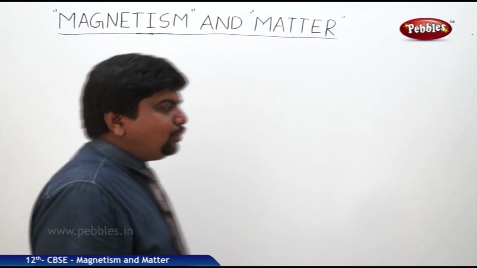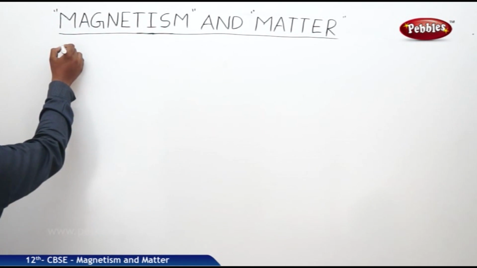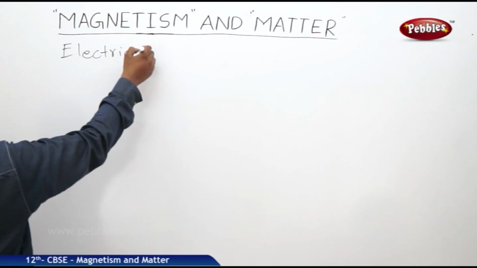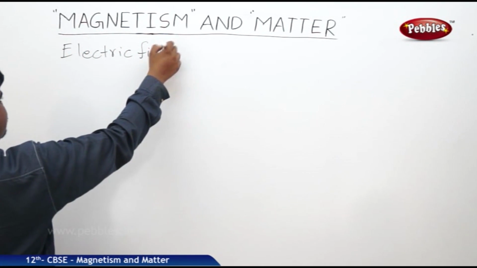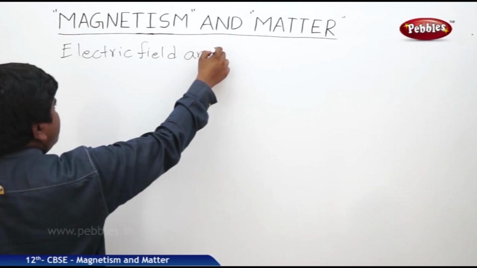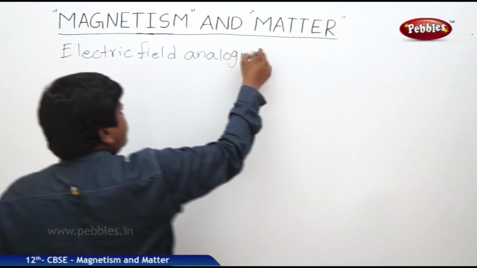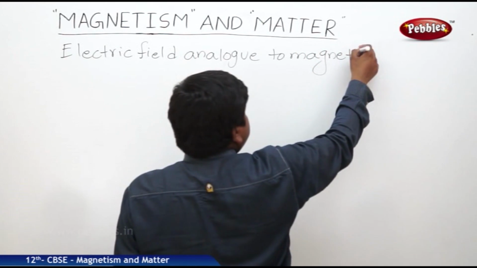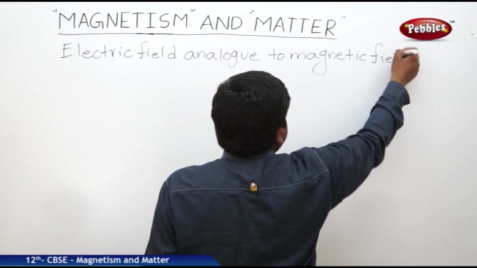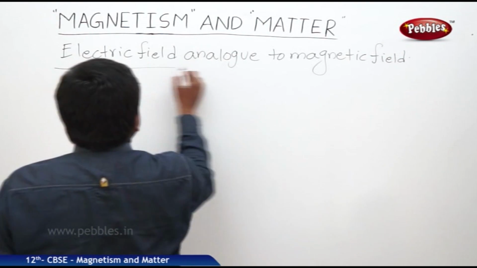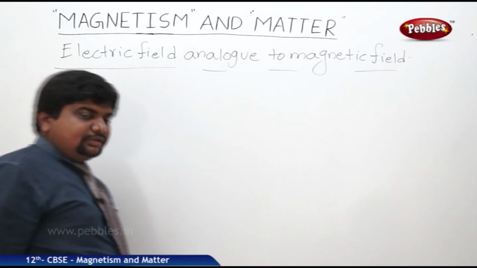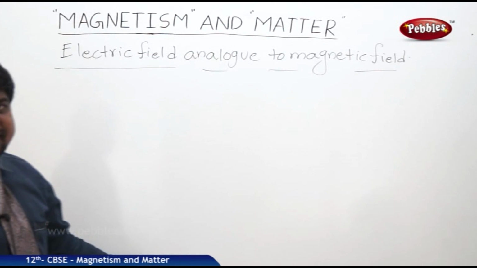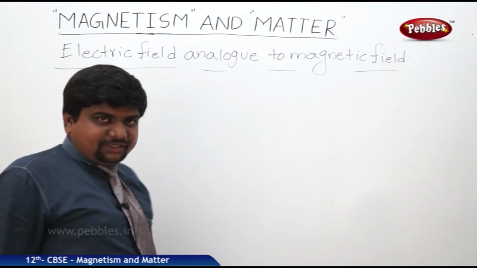Now we will see the dipole analogy, or the comparison of electric field to magnetic field. What we can understand in this concept is that there are some similarities between the electric field and magnetic field.